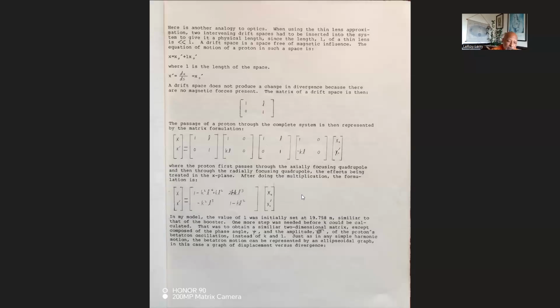Now, what we're going to do, you remember how we had to switch gears, so to say, from the dependence of the equations of motion of the protons, as opposed to expressing the dependence of the proton's horizontal or vertical displacement with respect to time.